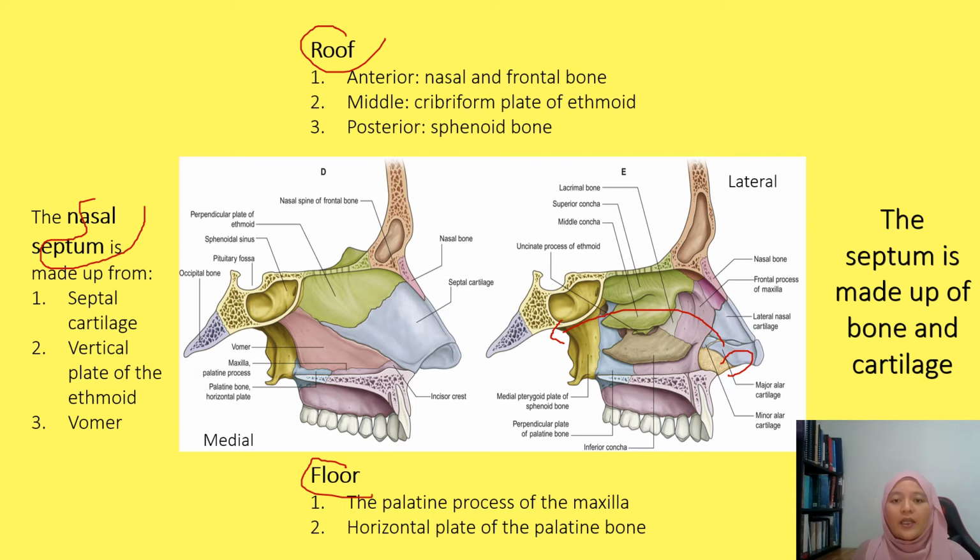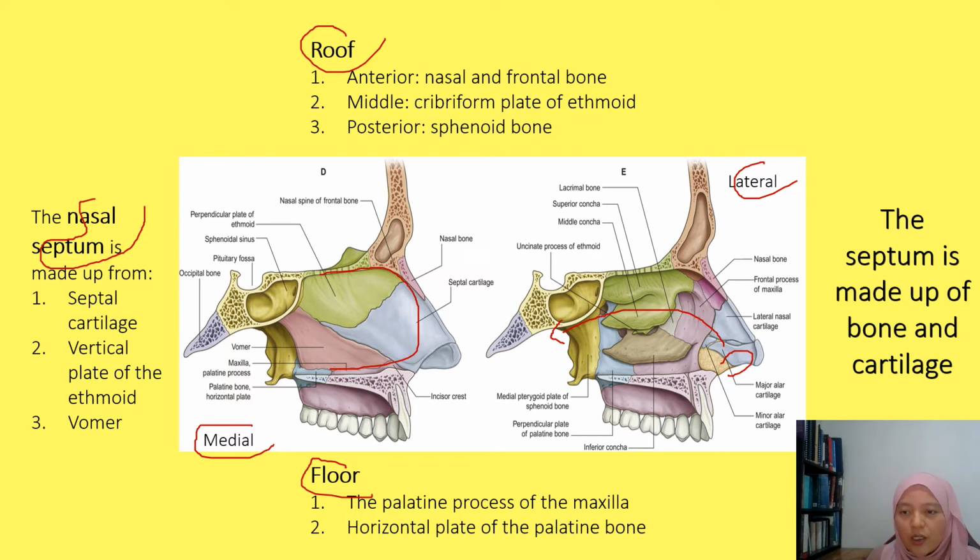We also have the lateral wall and the medial wall. The medial wall is your septum, and the lateral wall has the concha, or turbinates. So we have the superior turbinate, middle turbinate, and inferior turbinate. So this is your lateral wall, and this is your medial wall.